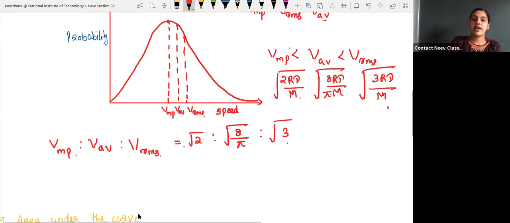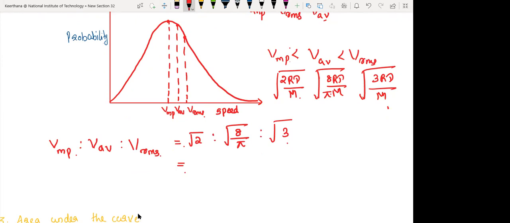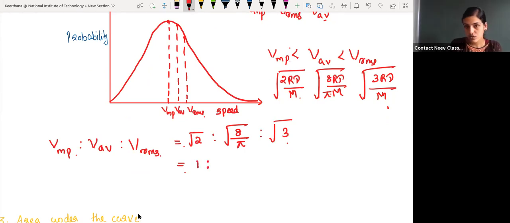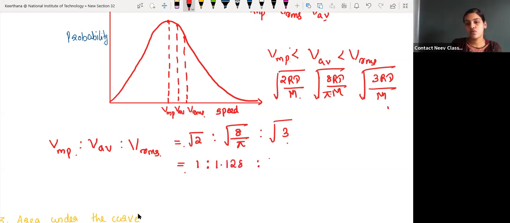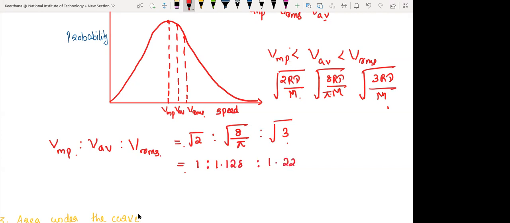If I divide everything by root 2, the ratio is 1 is to root 4 by pi is to root 3 by 2, which equals 1 is to 1.128 is to 1.224.